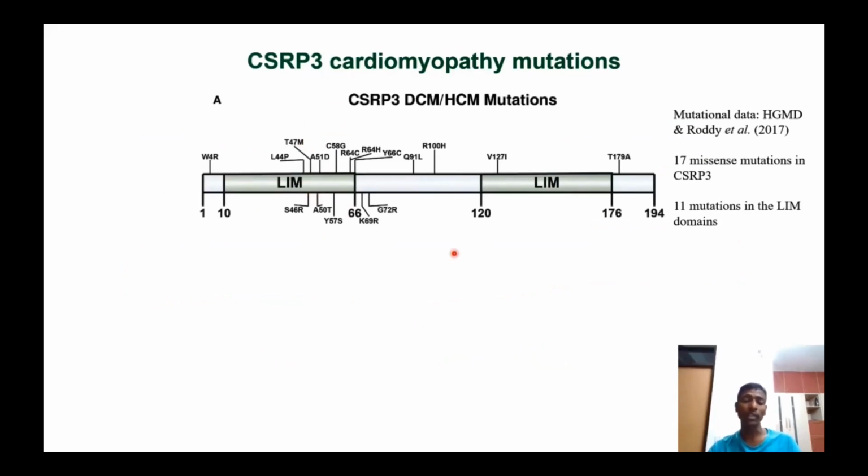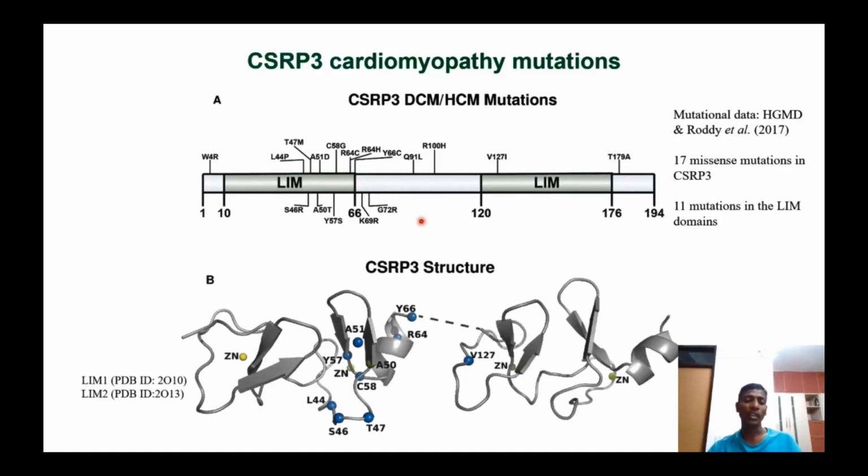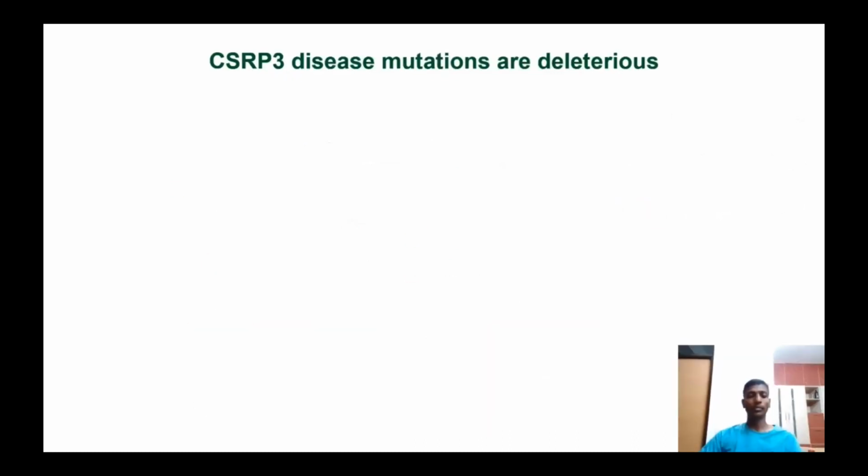And we observed that most of the disease-causing mutations are localized in LIM domains. There are two LIM domains in CSRP3, N-terminal and C-terminal, and these are connected by a highly disordered linker region. And the N-terminal LIM domain harbors most of the disease-causing mutations.